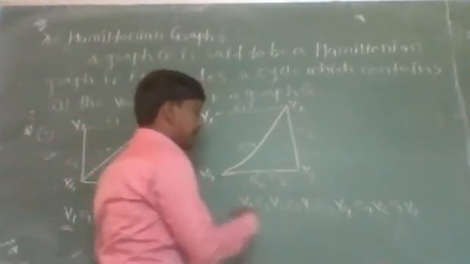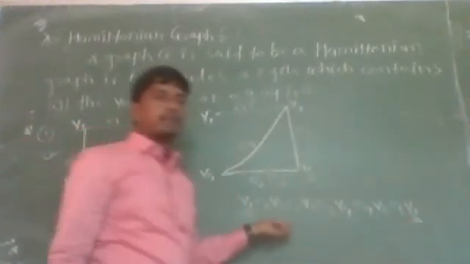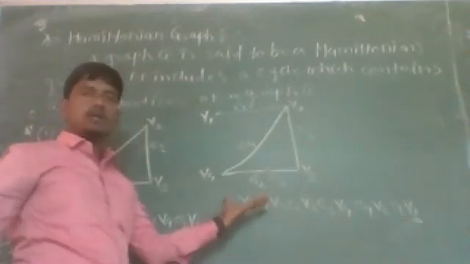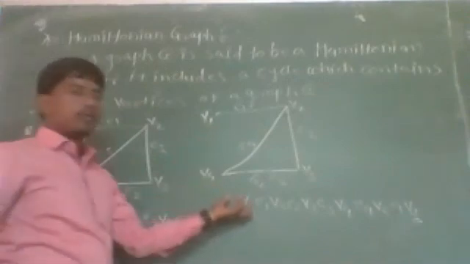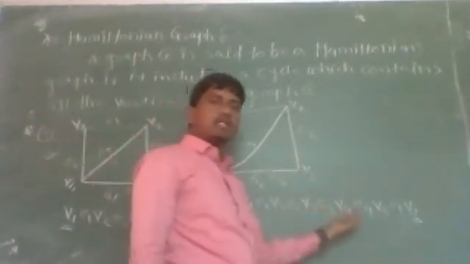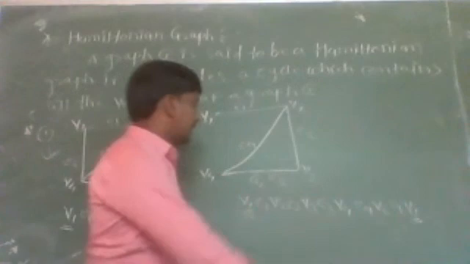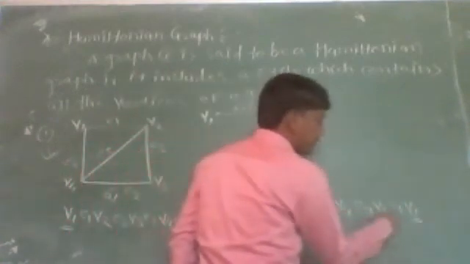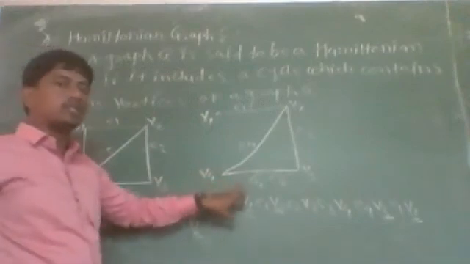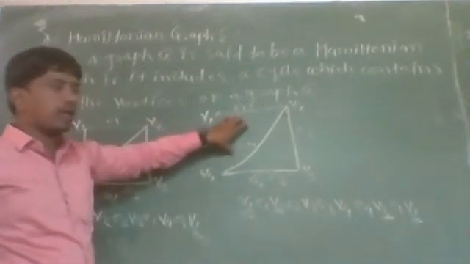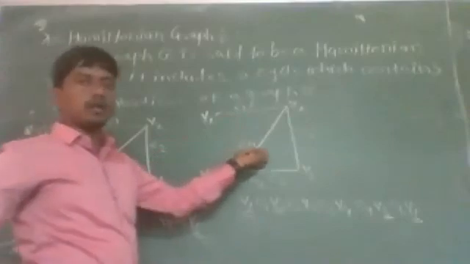Here, the ends of the walk are the same. Then by the definition of closed walk, this one is a closed walk. Now, for a cycle, we require a closed walk in which no vertex is repeated. But here vertex V2 is repeated in the walk. So it is not possible to find a cycle which includes all the vertices of graph G2. Hence, graph G2 is not Hamiltonian.